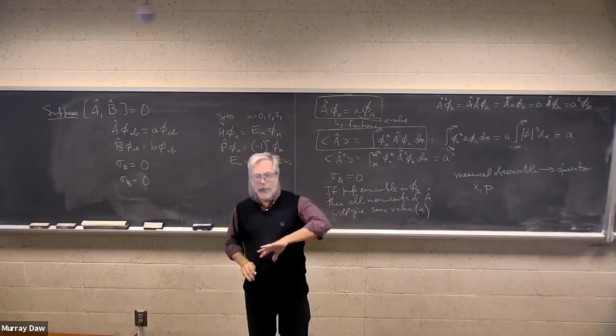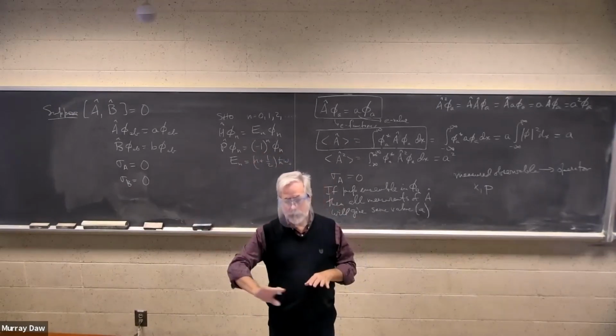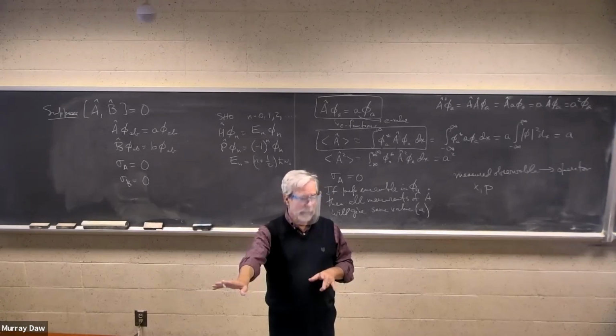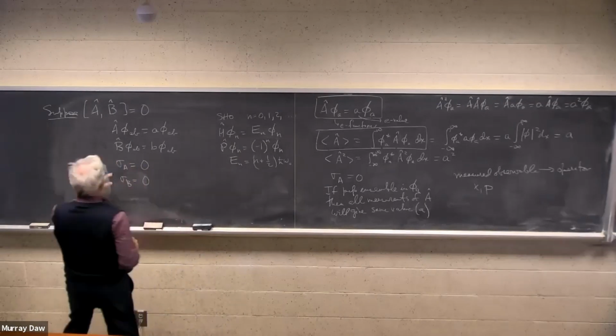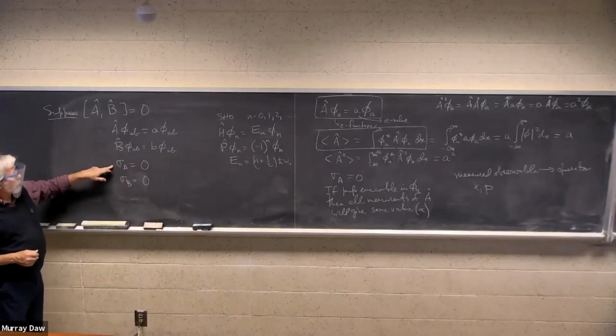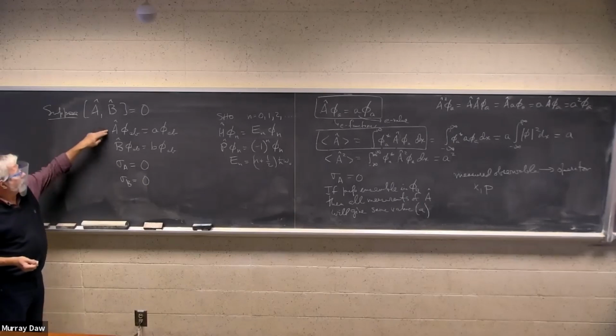Half of them are handed out to people who are going to measure A. The other half are handed out, and everybody is going to measure B. In the first half measuring A, everybody gets the same value, little a.